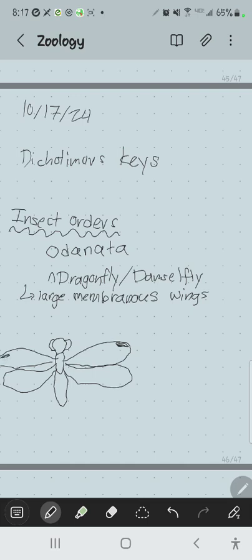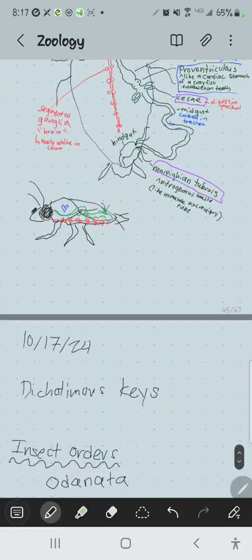Dragonflies versus damselflies. I think I mentioned these when we were talking about reproductive isolation, about mechanical isolation. Here's the male, for example, and he puts a sperm packet on his thorax and then goes and catches a female, and then the female reaches around and grabs the sperm packet. But there are some mechanisms here.